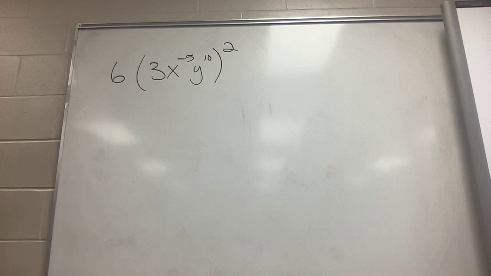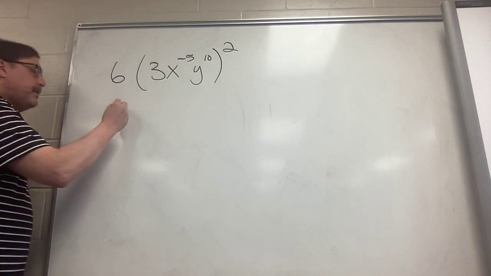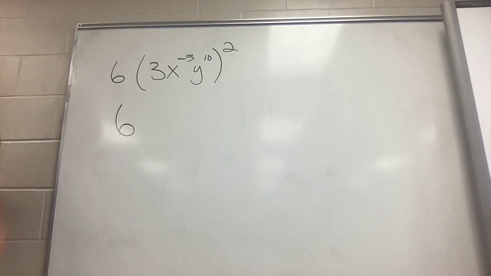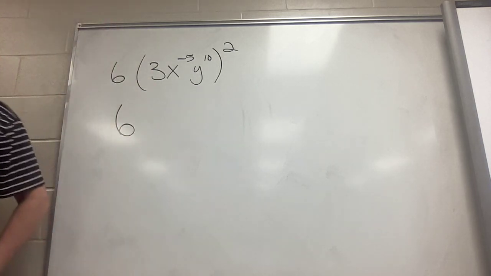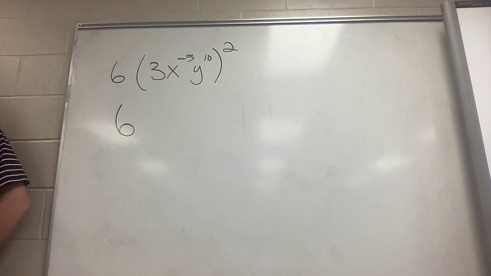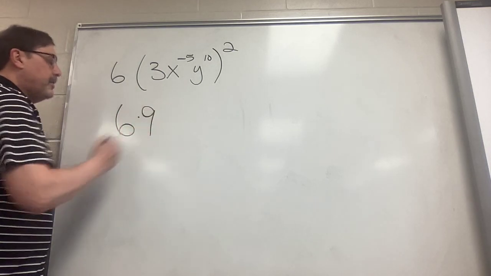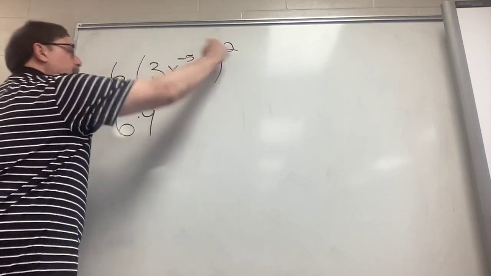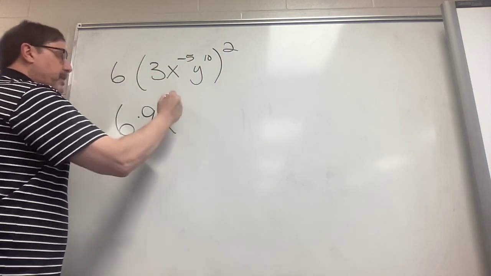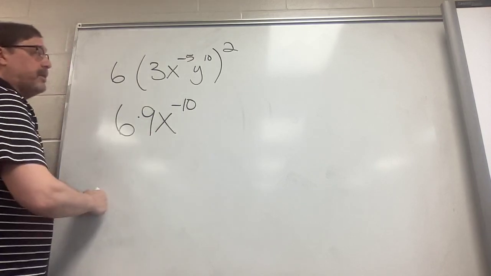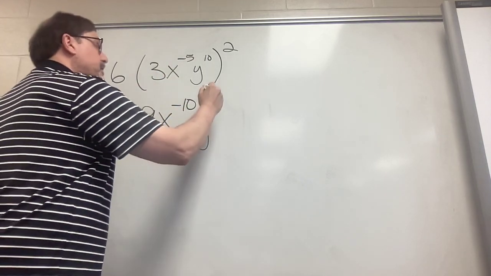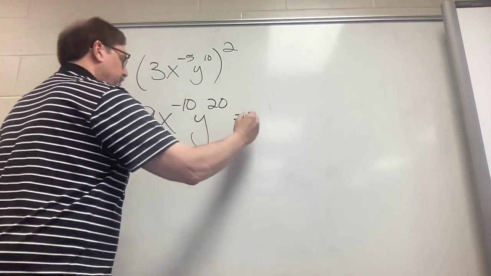Don't get squared. The 6 doesn't get squared. Don't take 3 times 2. That's 3 squared. Exponents, you multiply exponent to exponent.